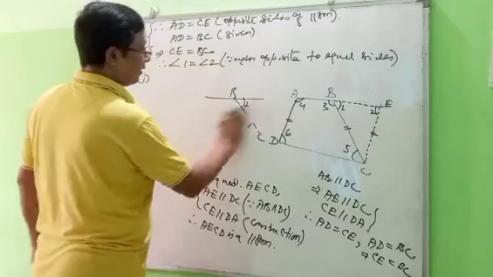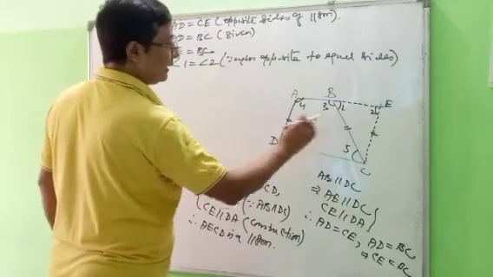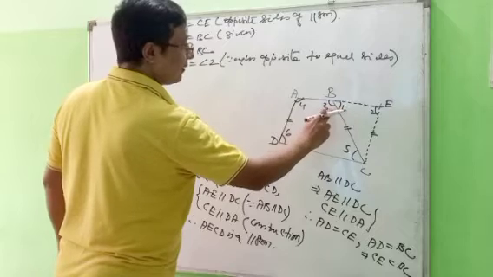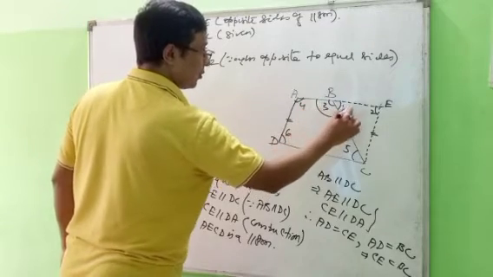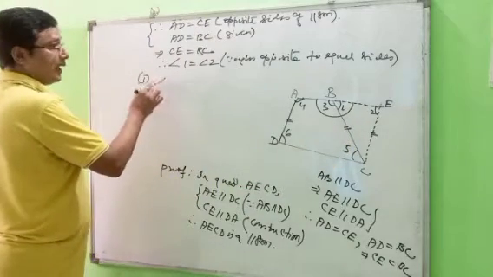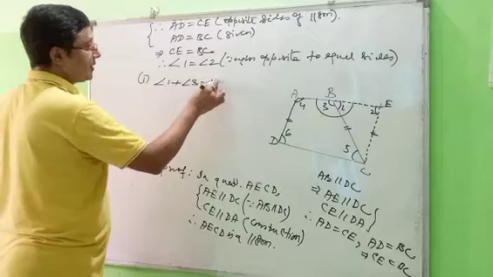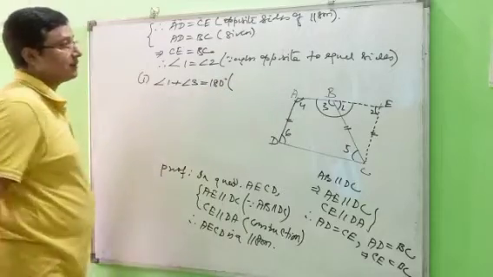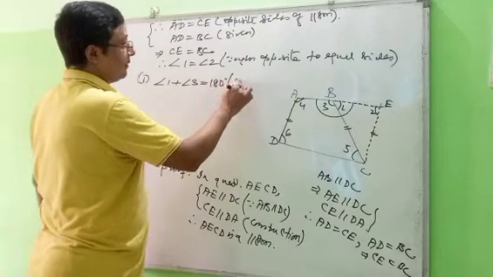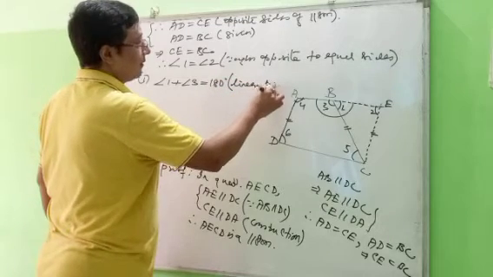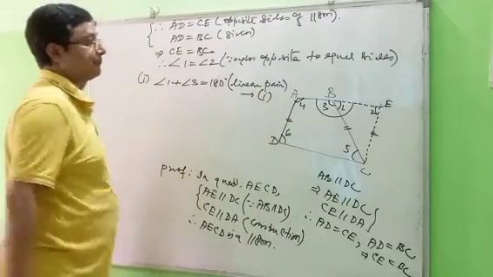But now, we will take it this way: these two form a linear pair, they are adjacent. So angle 1 plus angle 3 equals 180, because they form a linear pair. Let it be equation number 1.